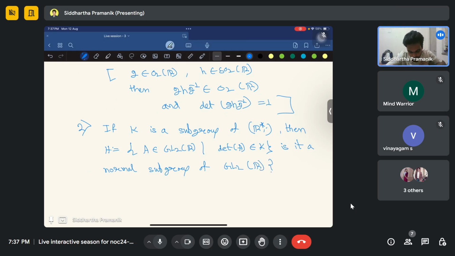Can you check quickly? So you need to check first if it is a subgroup or not, and if it is a subgroup, whether it is normal or not.